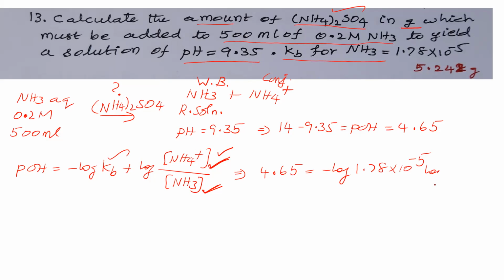Then log of concentration of ammonium ion by concentration of ammonia. The concentration of ammonia given is 0.2 molar. Let us multiply this 0.2 molar and 500 ml, and we get millimoles of ammonia, which is 100 millimoles.